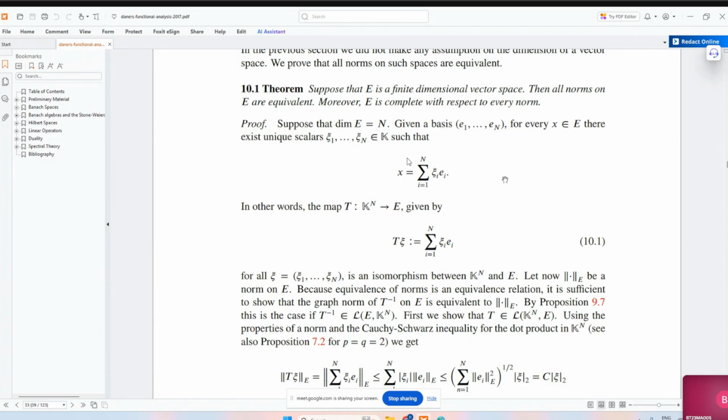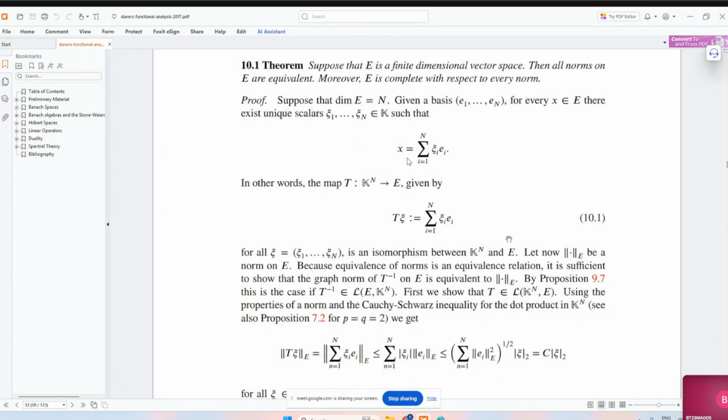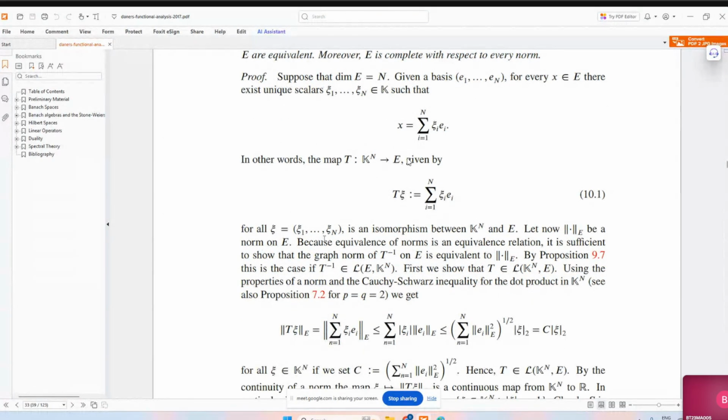The coordinates always come from the field. So given this xi, you define T(xi) to be the summation, i equal to 1 to n, of xi_i e_i, for all xi_1, xi_2, ..., xi_n. Then this map is an isomorphism.